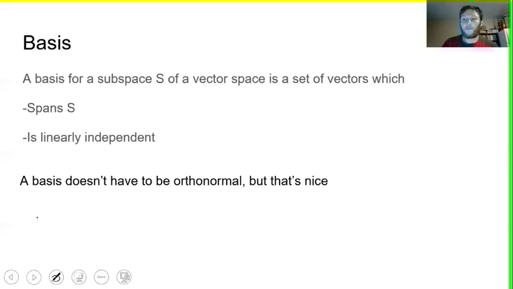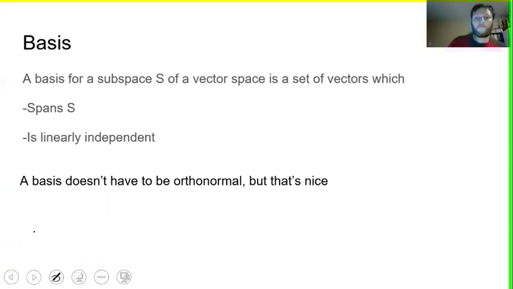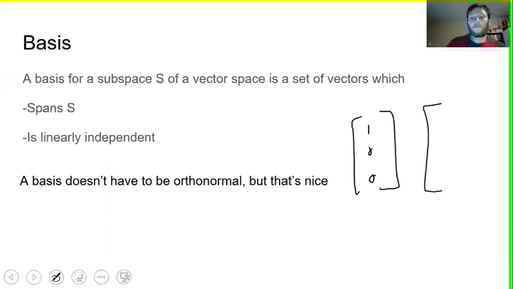Sometimes people will talk about an orthonormal basis. That's when the dot product of all of your vectors is 0. So, the standard basis for R3 is 1, 0, 0; 0, 1, 0; 0, 0, 1.